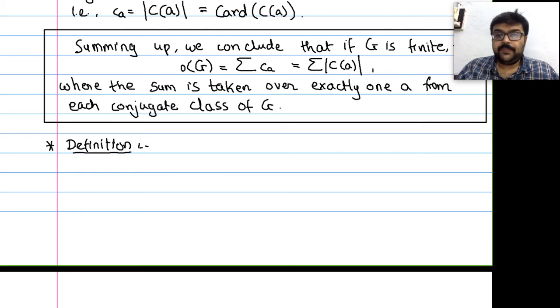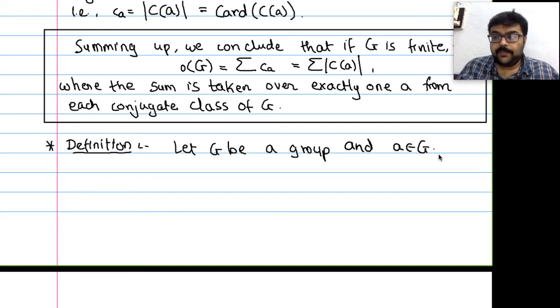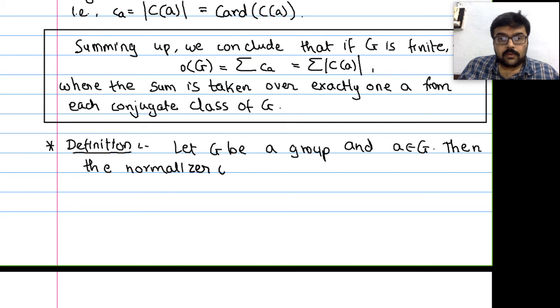Let me write here. Let G be a group and suppose A is in G. Then the normalizer of A is denoted by NA.